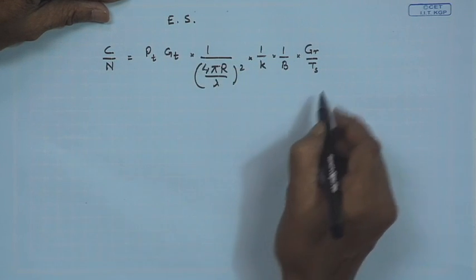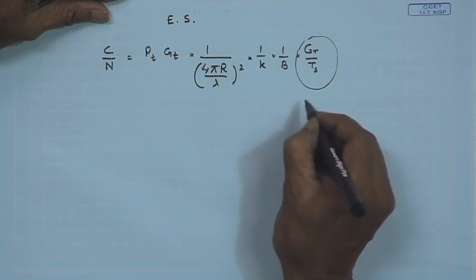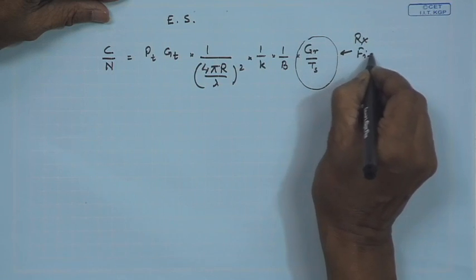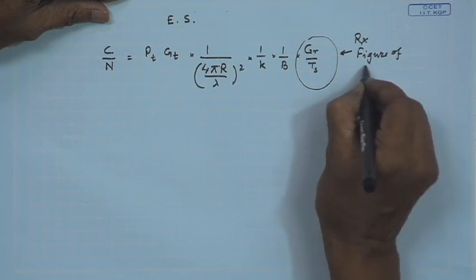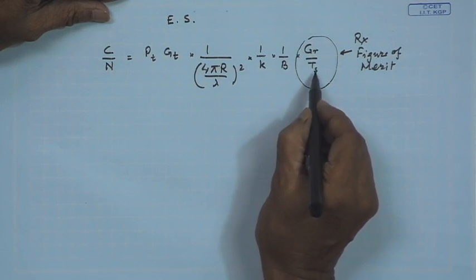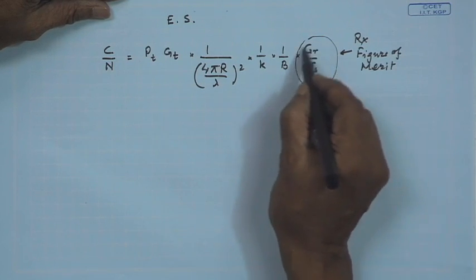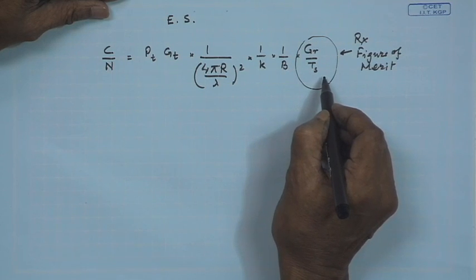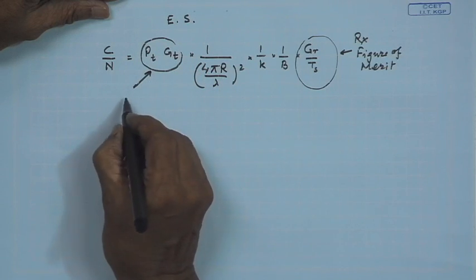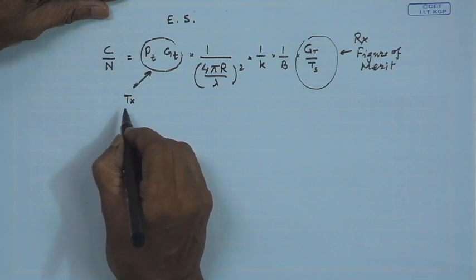But in this, the important thing is this particular term, which is G by T, which is called receiver figure of merit. It talks about the receiver antenna gain and the receiver noise temperature. So, the performance of the receiver is seen from here, and these two units, that is PT and GT, talk about the transmit system of the station.